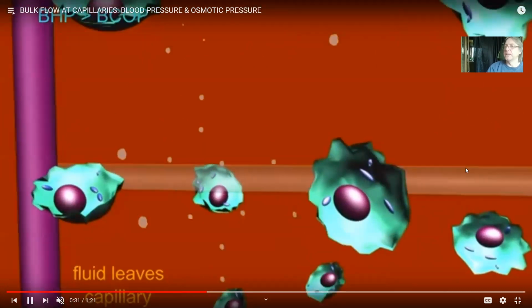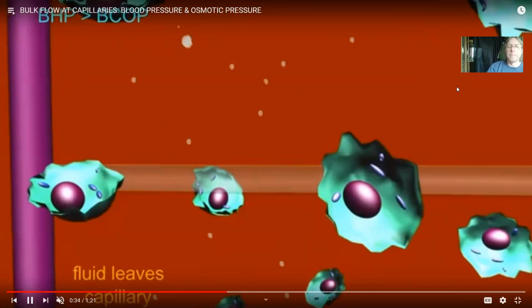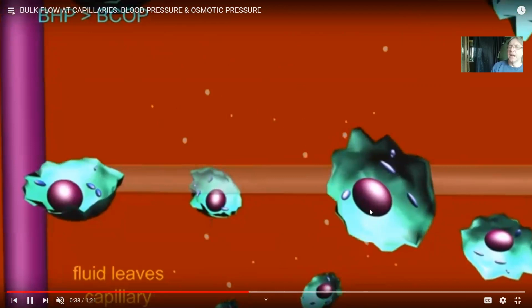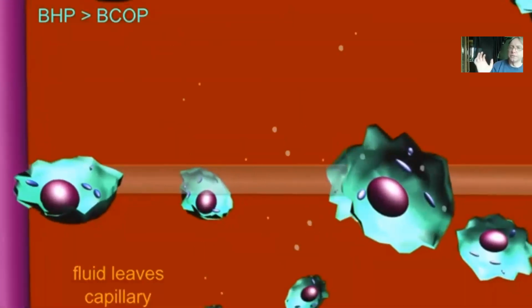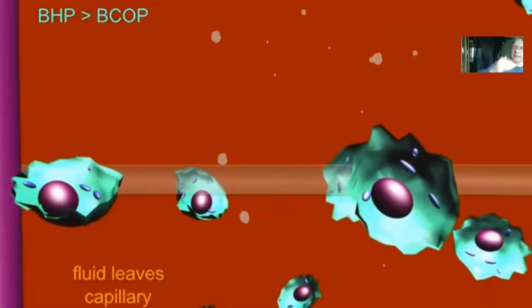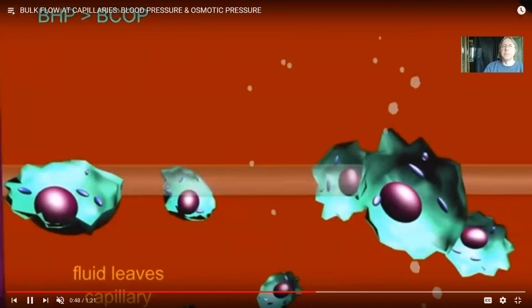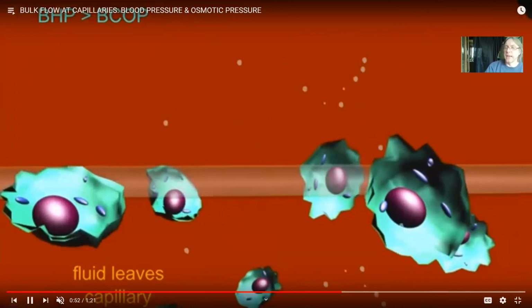So therefore there is an osmotic pressure drawing fluid in. But here at the arterial end of the capillary, where the capillary begins, the blood pressure is still high. And so the net outward pushing force is greater than the inward pushing force. And so at the arterial end, the BHP is greater than the BCOP, and fluid will leave the capillary.